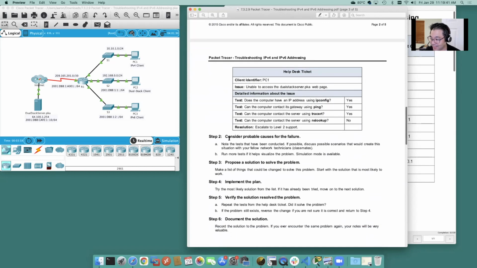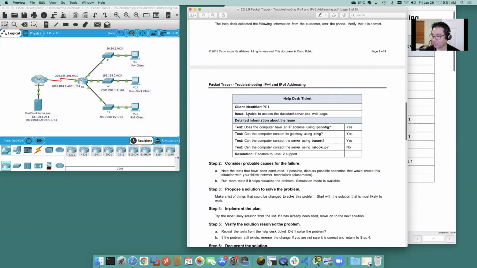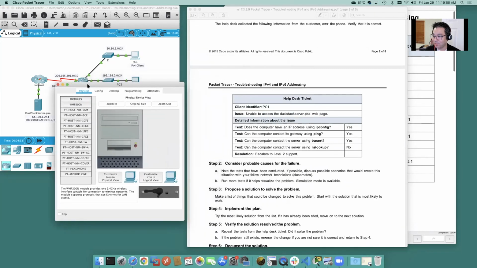All right. And in the spirit of positive collaboration, let's say, okay, what's the problem here? PC1 is unable to access the dual stack server PKA webpage.